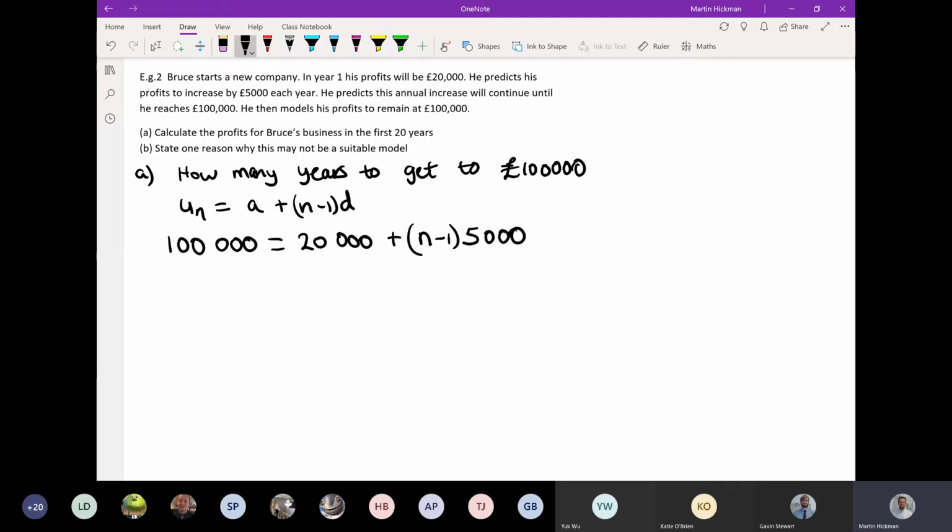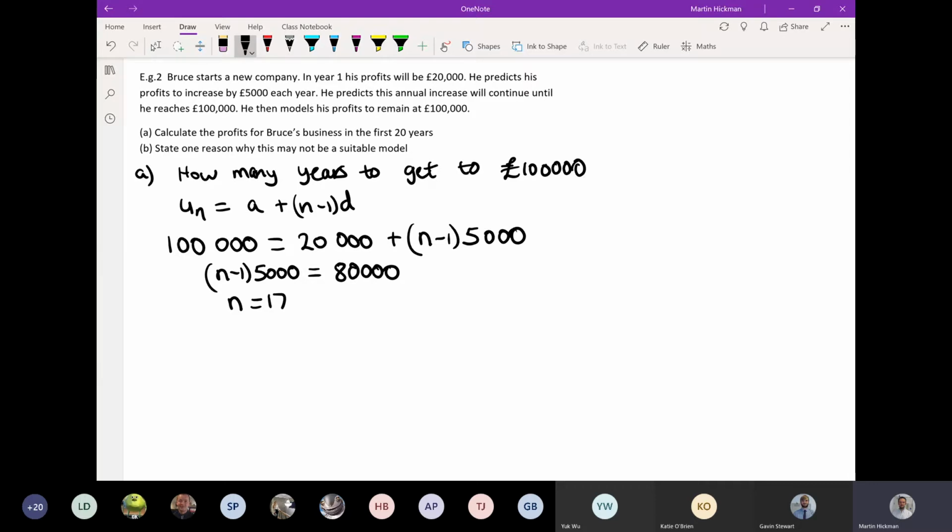Then we can simply take away 20,000 from both sides, divide through by the 5,000 and add the 1, and we get that n is 17. So in year 17, we find that that's the first time we get to that 100,000.